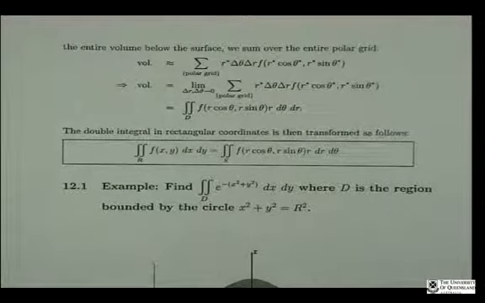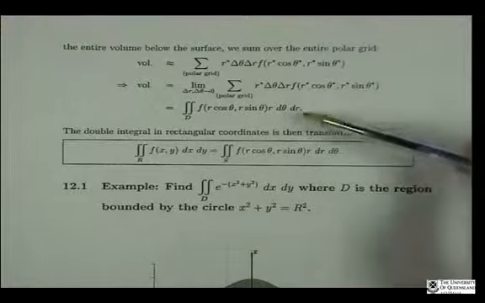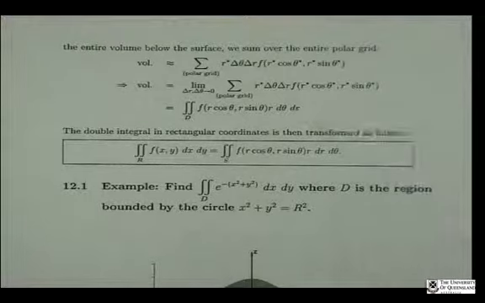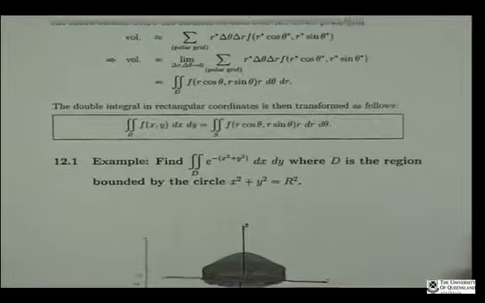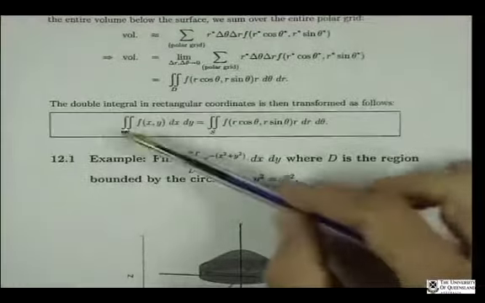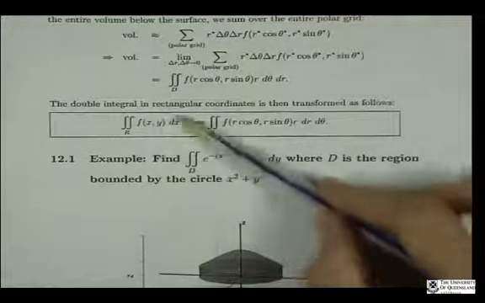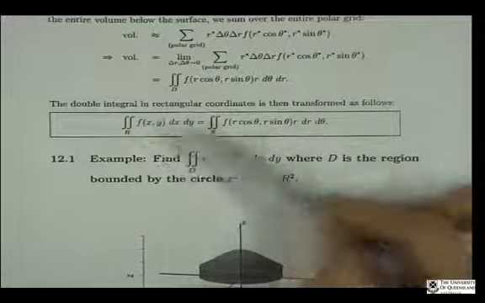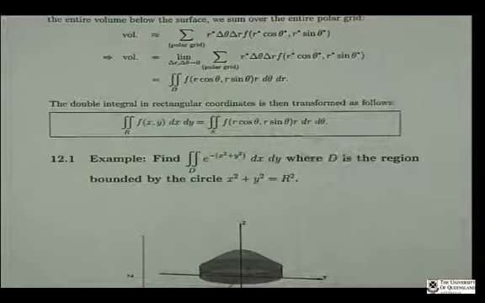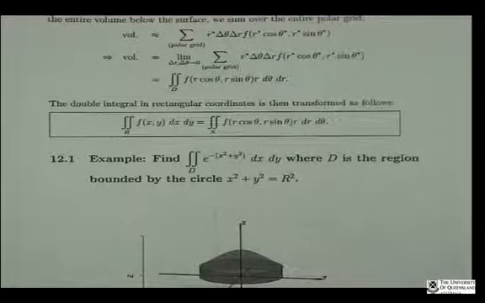Again, but now we've got a double integral in terms of these new coordinates. Okay, so I guess what we've got then is a way of expressing a double integral in terms of rectangular coordinates as a double integral in terms of polar coordinates. Now here, I'm not saying anything about Fubini's theorem, right?